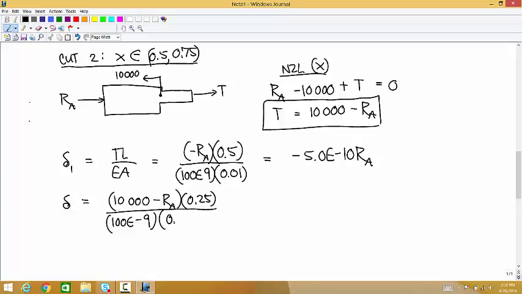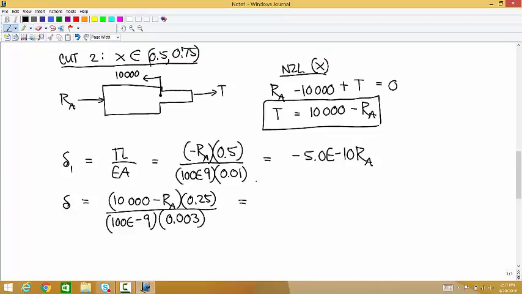And the cross-sectional area, what did I say there, 0.003? And what do you get for that? The whole thing should be minus 8.33 times 10 to the negative 10 RA plus 8.3 times 10 to the negative 6.